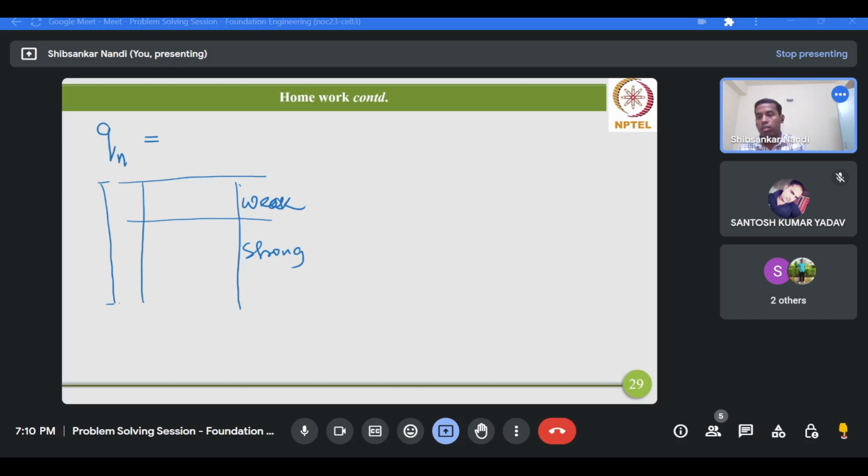In that case, this weak layer will settle with this pile group. Suppose this length is L prime, then somewhere here the distribution will start.